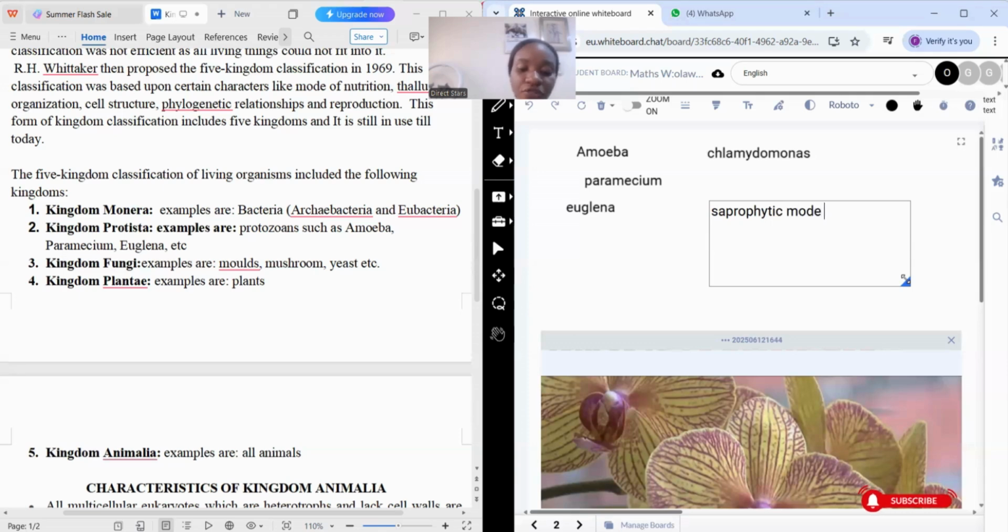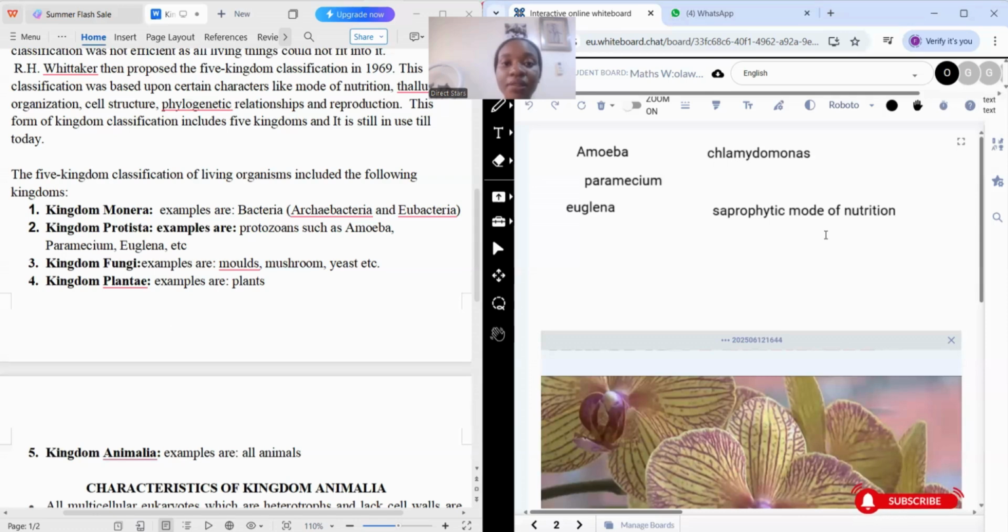Saprophytic mode of nutrition. What do we mean by the word saprophytic? In other words, fungi are saprophytes. Organisms that exhibit a saprophytic mode of nutrition are those organisms that don't ingest their food.